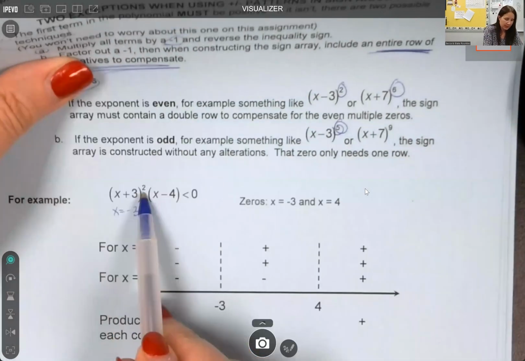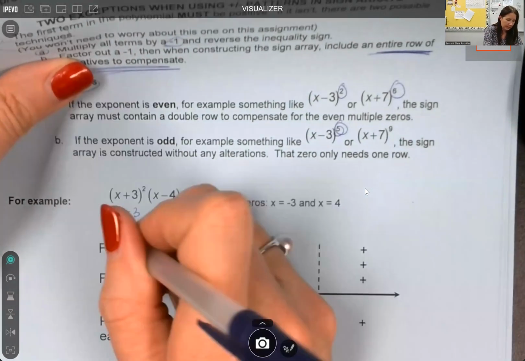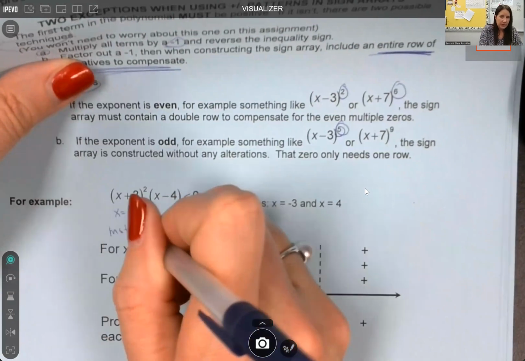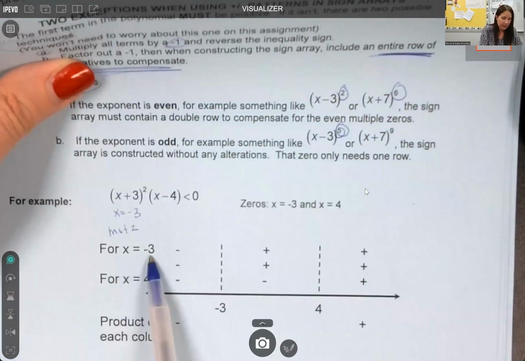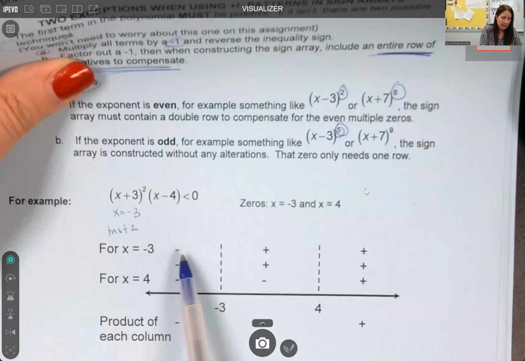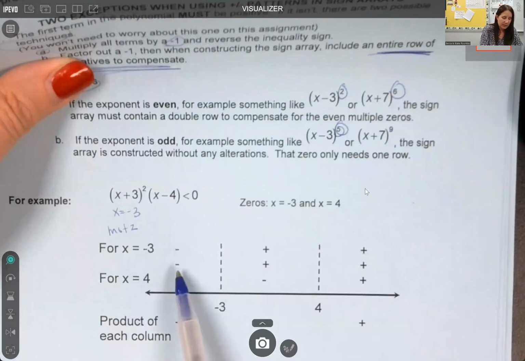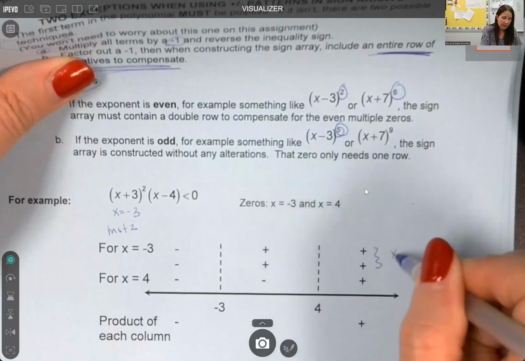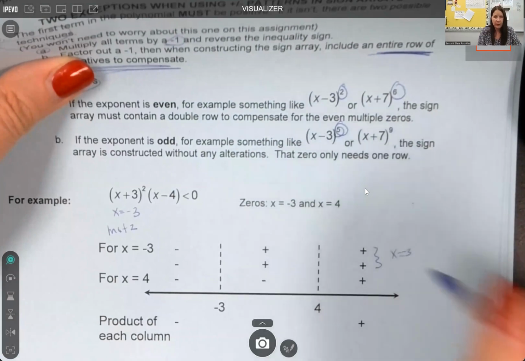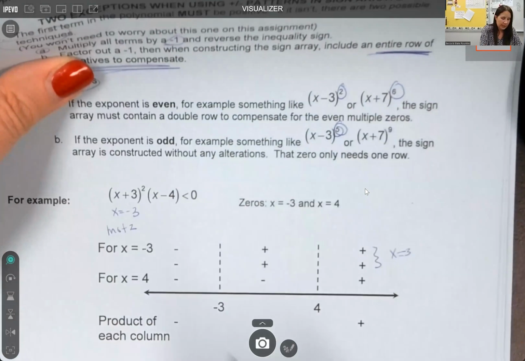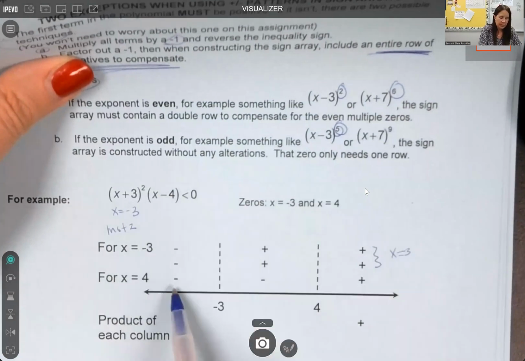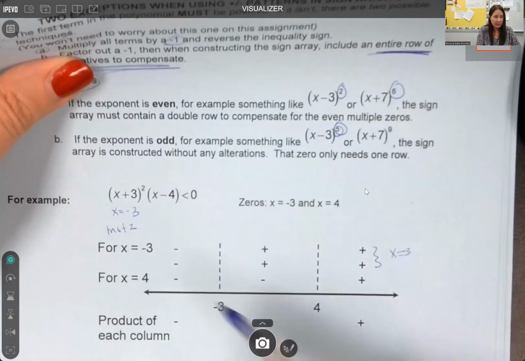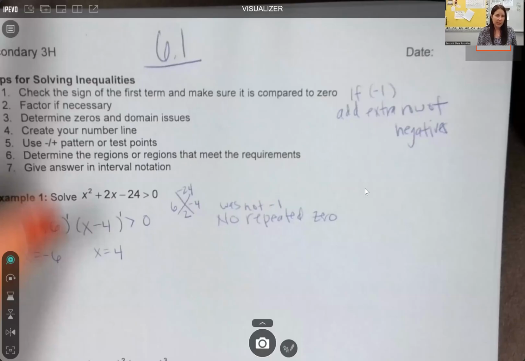It has a multiplicity of 2. So for -3, I have a row of negative, positive, positive, and then I do the same thing, negative, positive, positive. So these 2 rows are just for the -3, okay? And then the 4 only has 1, so I would only do 1 row, and then that's how I could figure out my sign. Okay, so that's just a little side note of a couple of exceptions.